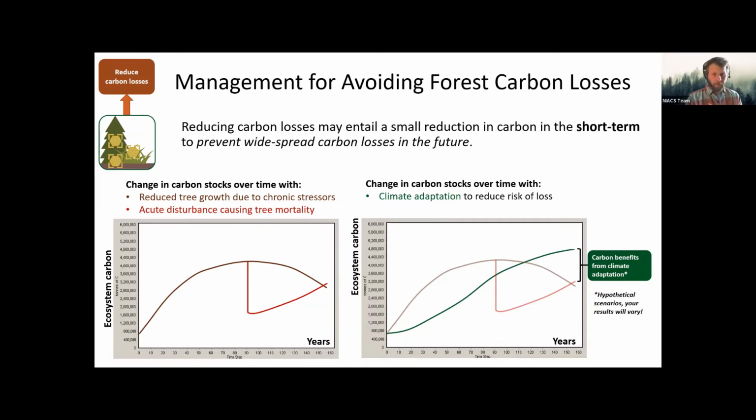And so we need to be thinking about long periods of time, and that's where adaptation sometimes has this short-term potential for a short-term loss.